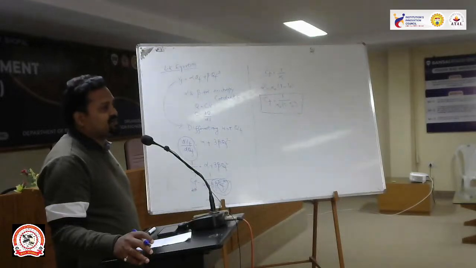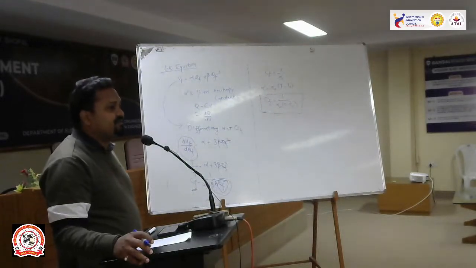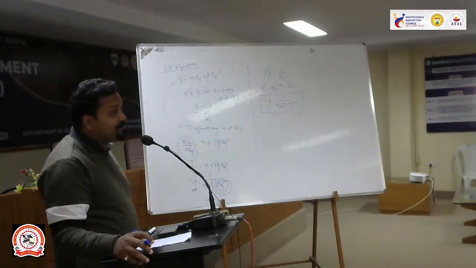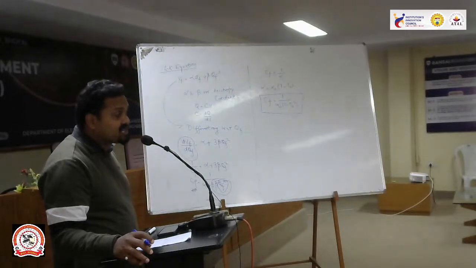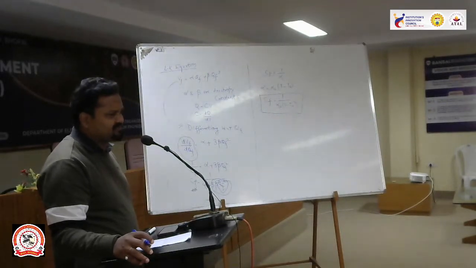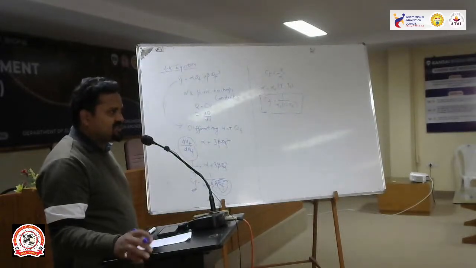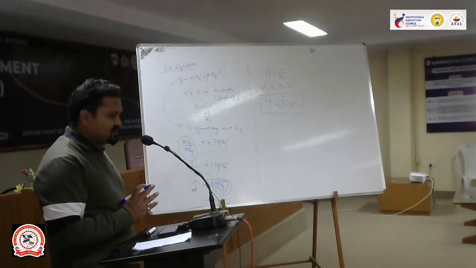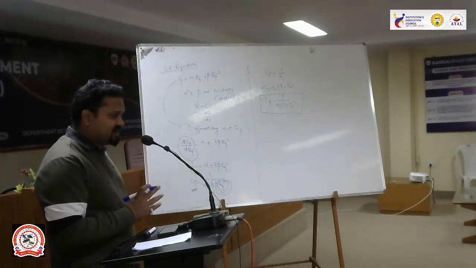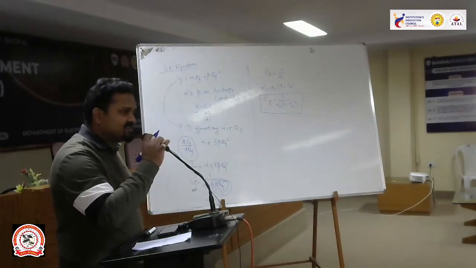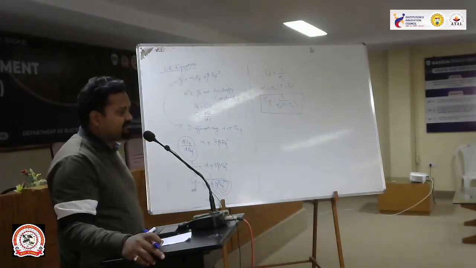Till the Curie temperature, my material behaves as a ferroelectric, and once the Curie temperature is reached, the material starts behaving as a paraelectric material. So till Curie temperature, it is behaving as a ferroelectric, and after the Curie temperature, it is behaving as a paraelectric material.